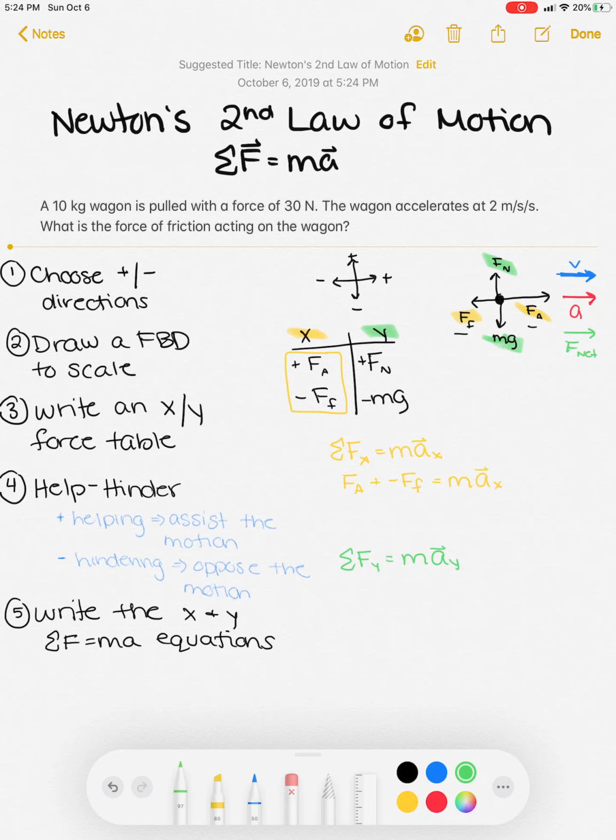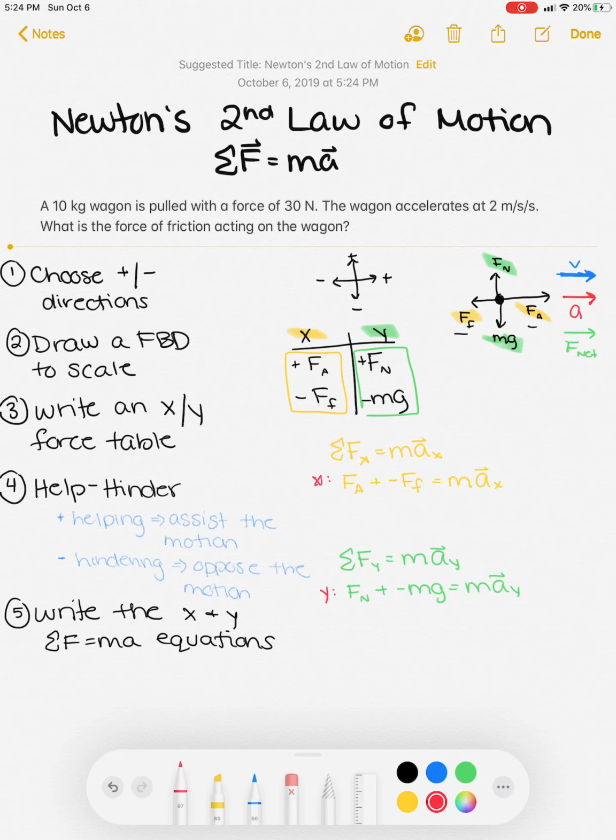Pretty simple. I'm going to do the same thing for my y direction. Here are my two y forces, so that's going to be Fn plus my negative mg is equal to the mass times the acceleration in the y direction. So there I have my x equation for my sum of the forces and my y equation.